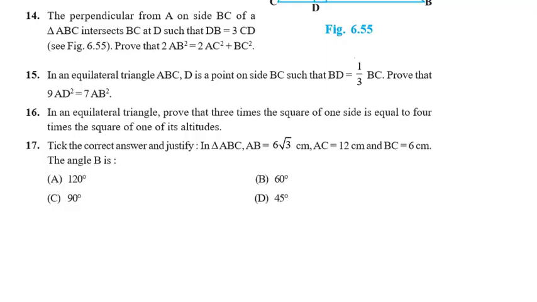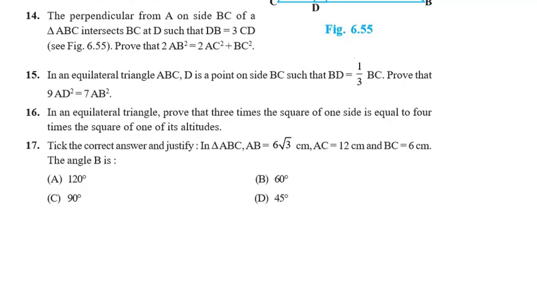Now let us discuss this question number 15. This is a very important question. In an equilateral triangle ABC, D is a point on side BC such that BD is 1 upon 3 BC. Prove that 9 times AD square is equal to 7 times AB square.